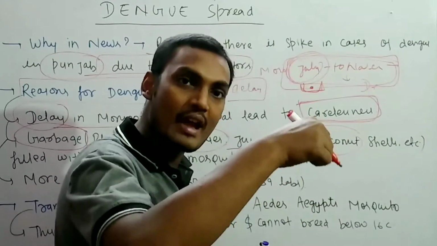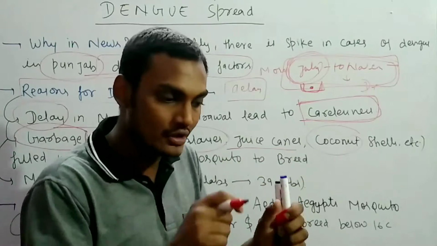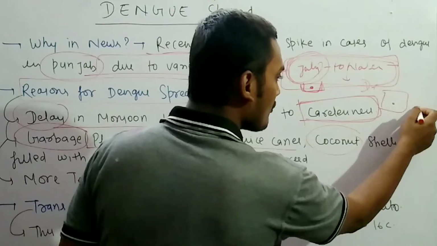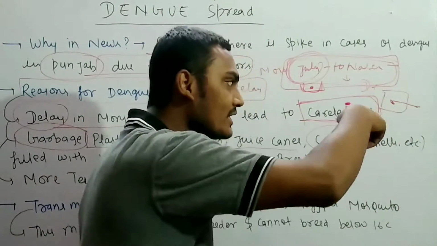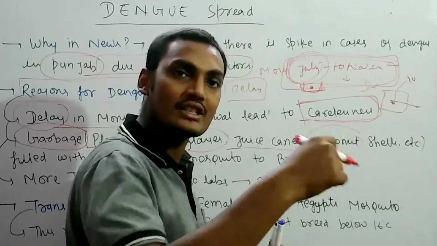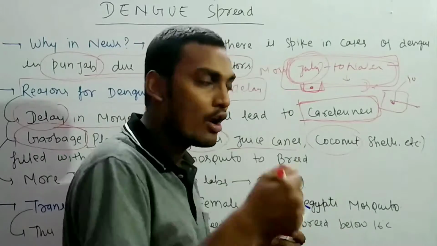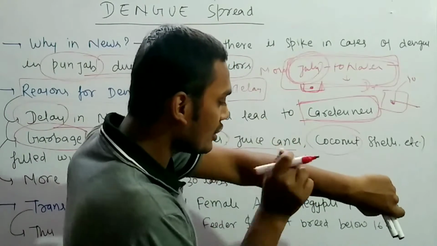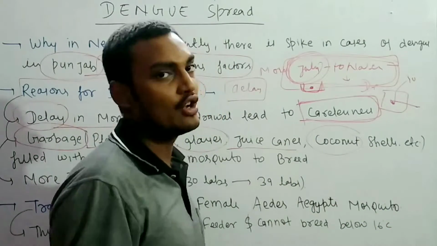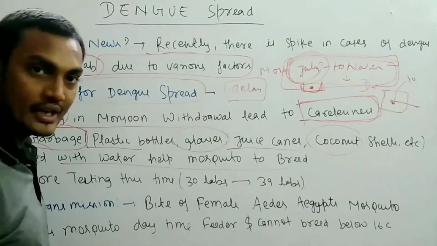So the mosquito breeds here, and then flies up to 400 meters and touches someone's skin, pierces the body and comes into contact with the blood, and that also causes dengue. So this is one of the reasons, and water-filled containers helping the mosquito breed is one of them.